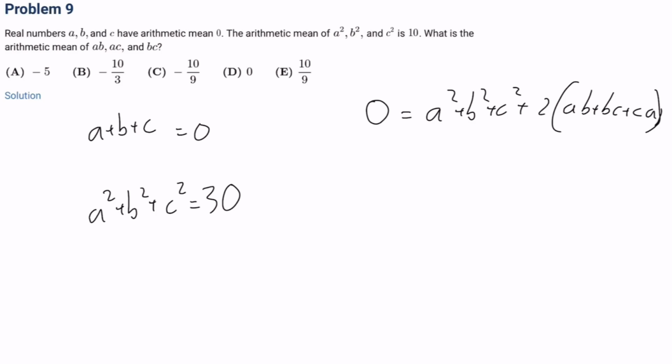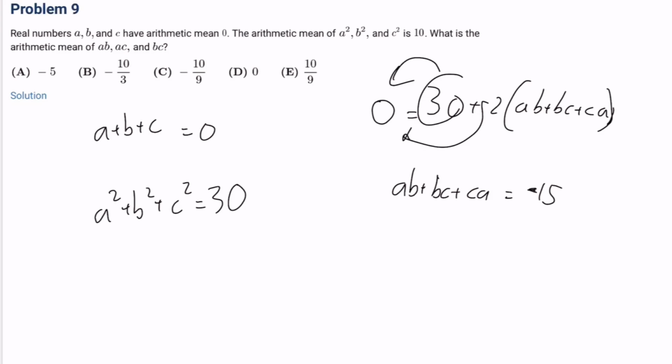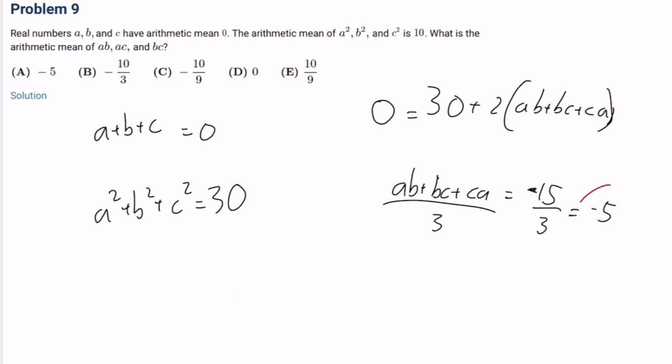And because of this, we can replace these 3 with 30. So 0 is 30 plus this whole thing, so we can see that AB plus BC plus CA equals negative 15, because we divide by 2 like that. We want the arithmetic mean of AB, AC, and BC, so this divided by 3 is negative 5, and that is our answer.